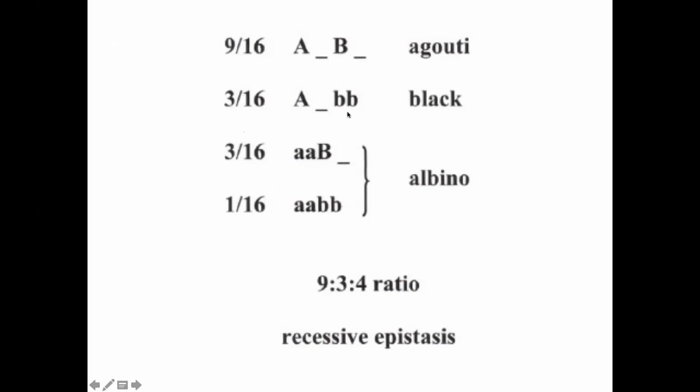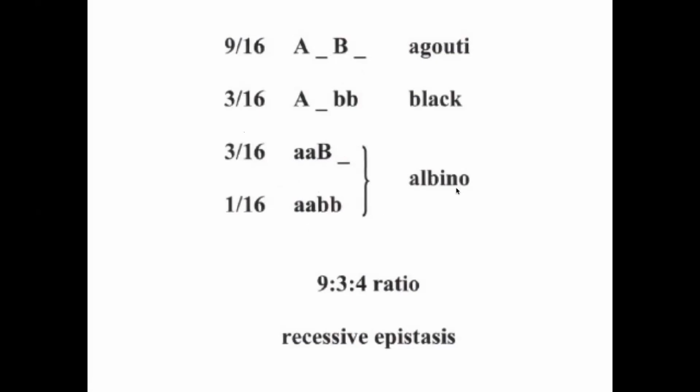These two genotypes that fall within this phenotypic class of dominant recessive were black. And then these three genotypes, homozygous recessive A, homozygous big B, or heterozygous big B, little b, and then homozygous recessive A and B, they said that all three of those genotypes produce the same phenotype of albino. That would then give you a 9 to 3 to 4 phenotypic segregation ratio.